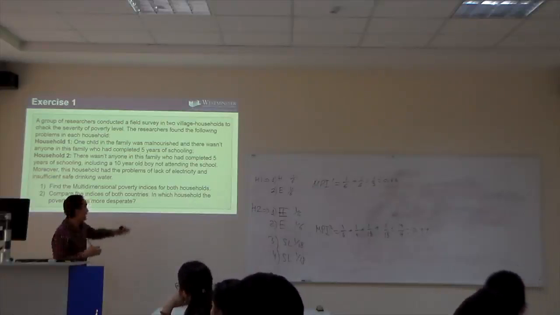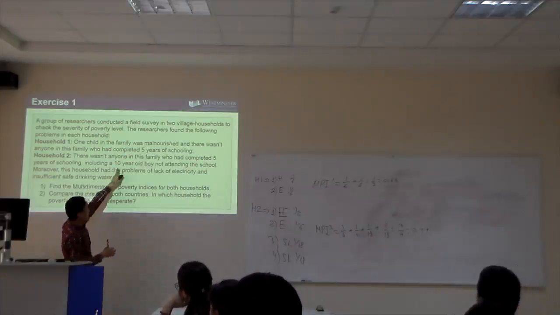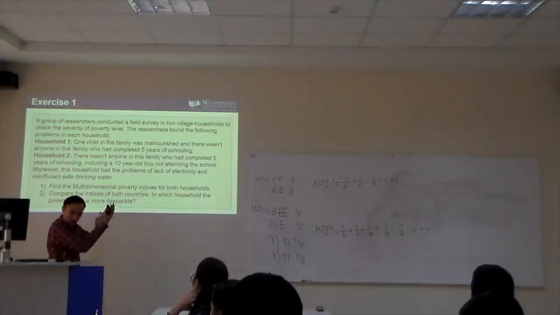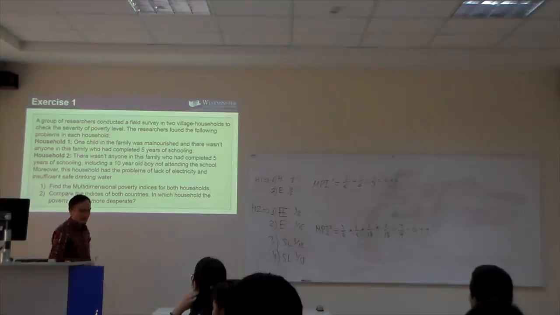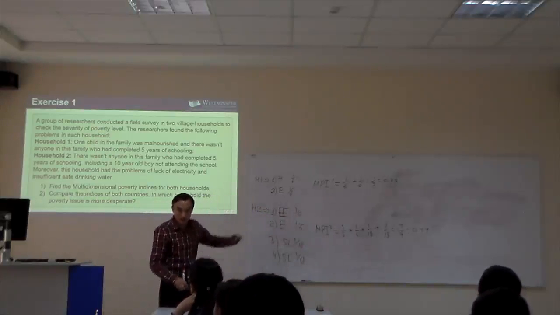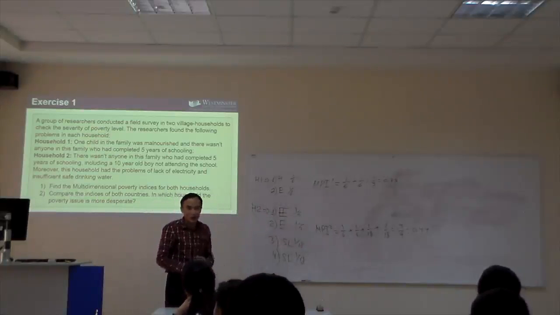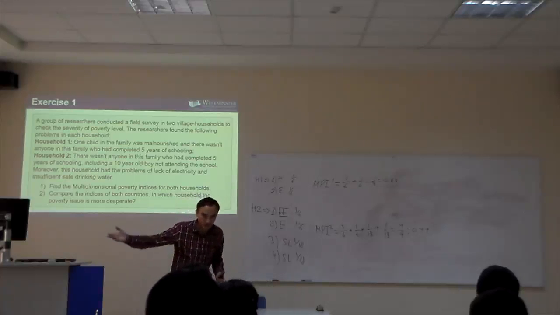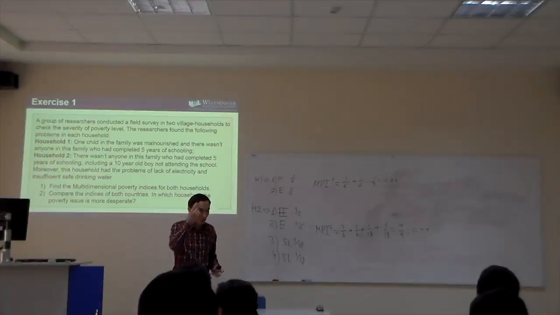But in household 2, there is also one child, but he is not affected by that problem. So if I know this background information, I will definitely say that in household 1 the situation is worse, because they have a health problem. If you are hungry, if you have a health problem, why do you need education? Number 1, the most important thing is health.